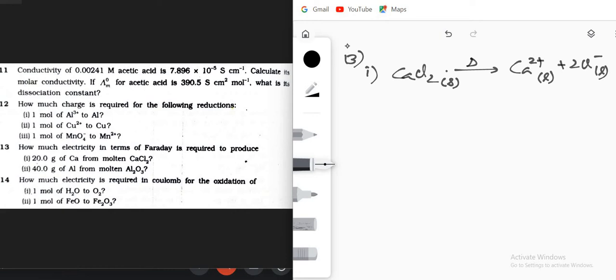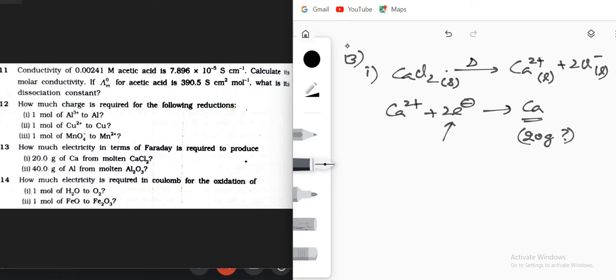So it is molten. Then this calcium ion gains 2 electrons and is reduced to calcium. Now the question is, to get 20 gram of calcium, how much electricity is required?